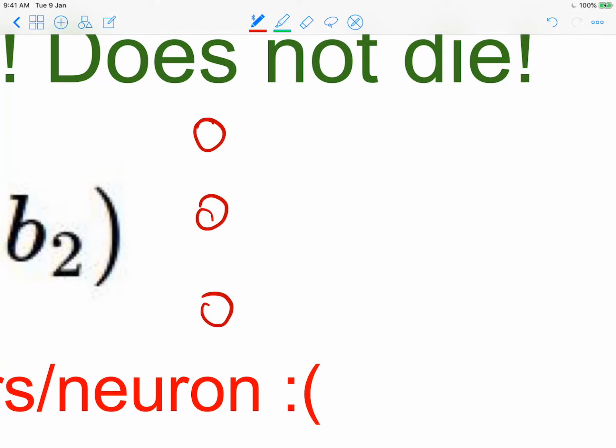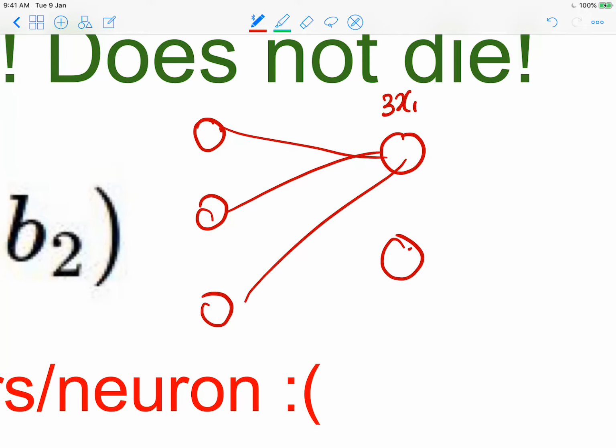So we have two outputs, and this one is maybe 3x1 plus 2x2 plus 5, and the second node will also have its own linear transformation representation, right? And then we typically apply a ReLU or any other nonlinear unit.